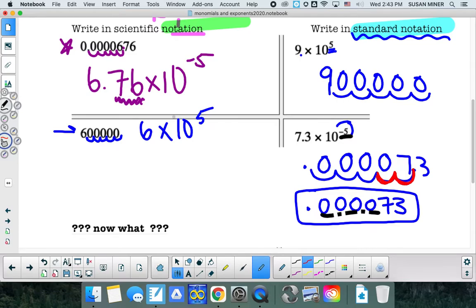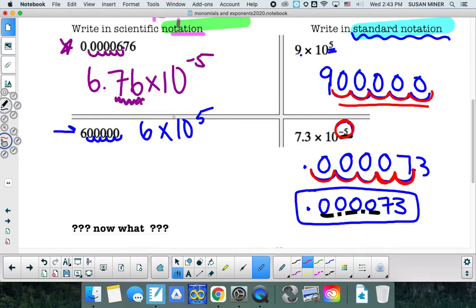That was 1, 2, 3, 4, 5 decimal places. So you're going to have to be careful about that and don't get tricked, because when I moved it to the right, 1, 2, 3, 4, 5, I had 5 zeros. So I'm not just adding 5 zeros to my number here.